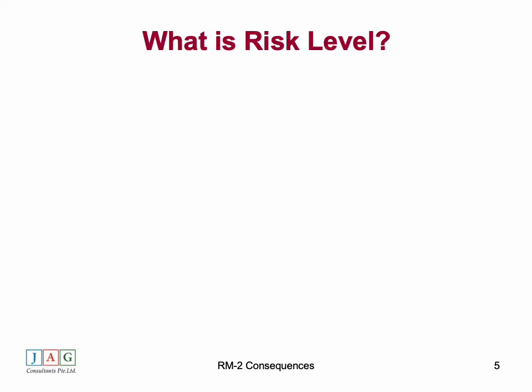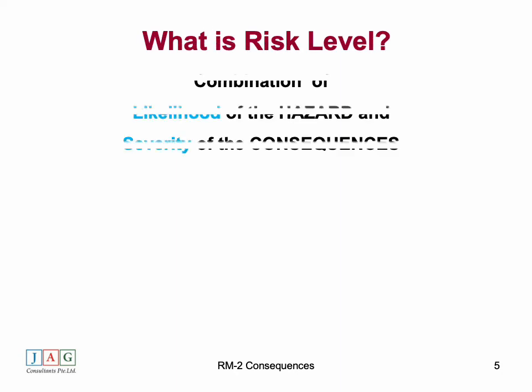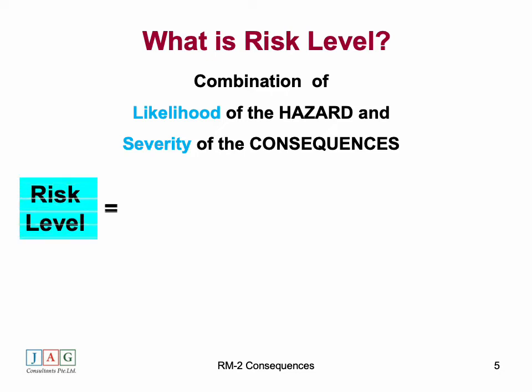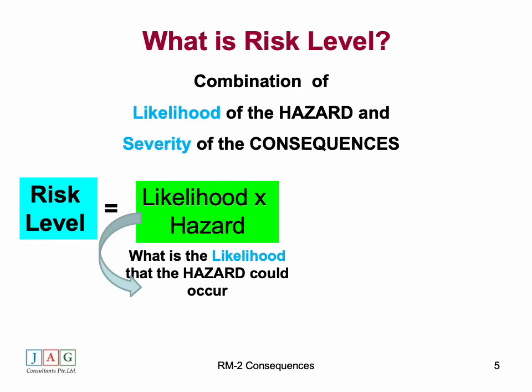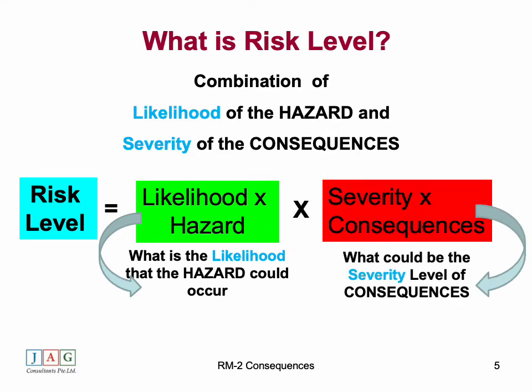Now, what exactly is risk level? Risk level is the degree of uncertainty while doing a task. So how do we get to this risk level? What is the formula? Basically, the risk level is a combination of the likelihood of the hazard, that means, what is the likelihood that a hazard could occur in a given work environment, multiplied by the severity of the consequences, and that gives us the risk level.